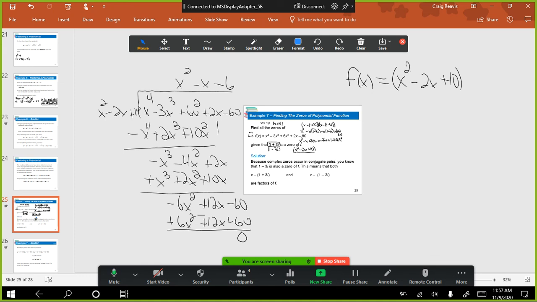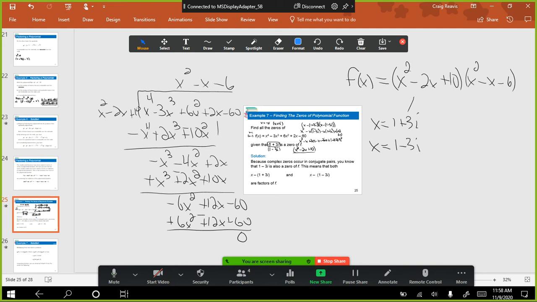And then my other one is x squared minus x minus 6. Okay? Now, my zeros of 1 plus 3i and 1 minus 3i come from this.